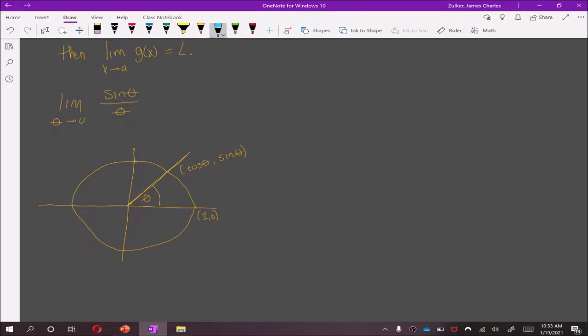Now what we do is we draw a vertical line from the point that has a length of sine of theta. And we also note that this arc has an arc length of theta.